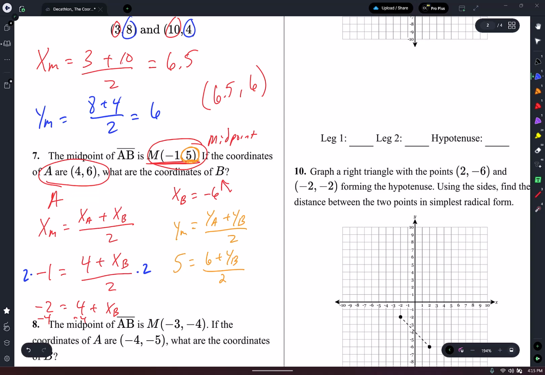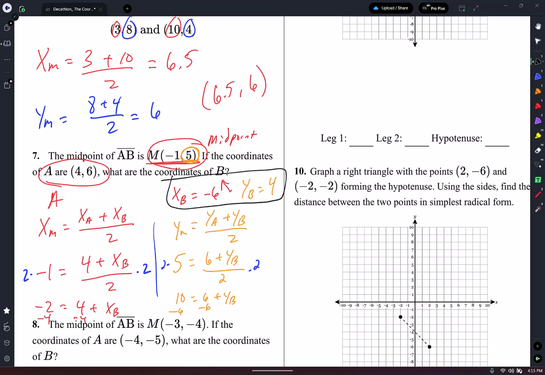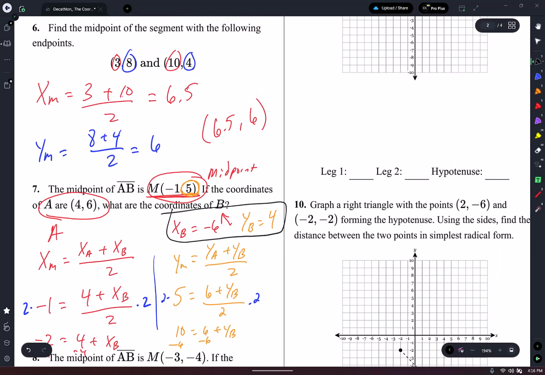So times 2, and 5 times 2 is 10. So I have 10 equals 6 plus Y of B. Then minus 6, minus 6. So Y of B equals 4. There it is, guys. I got my X coordinate and I got my Y coordinate. So remember, we want an ordered pair. So I'm going to write negative 6, comma, 4, close. And there it is. That's the coordinate for B. Does that make sense?